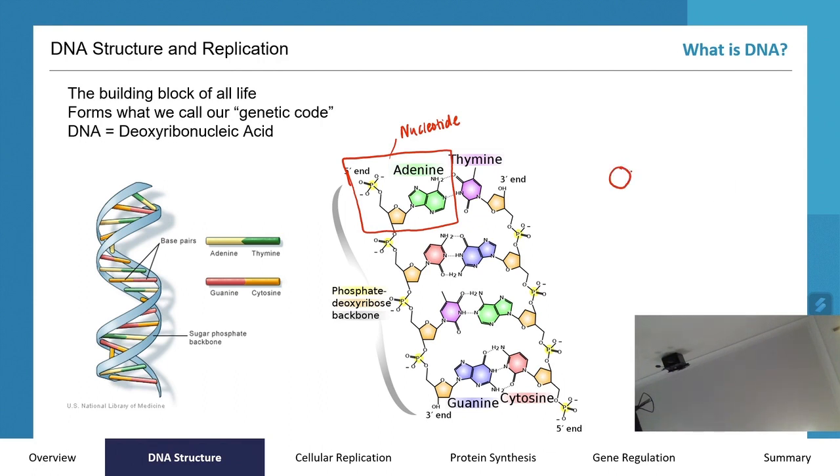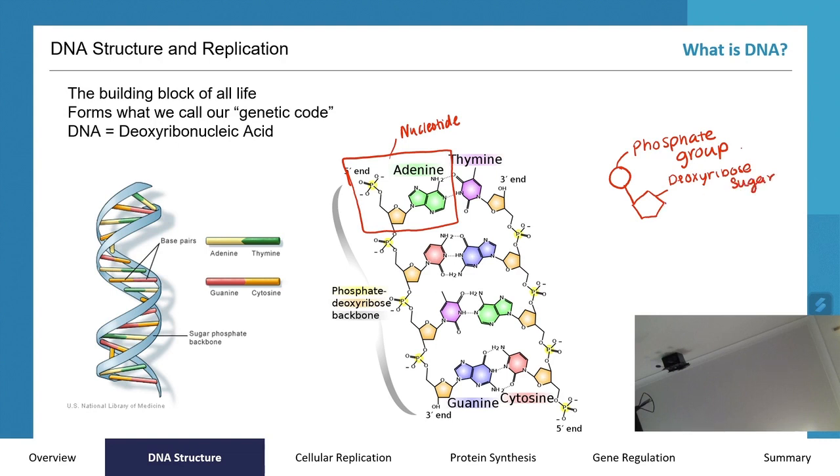We start off at the very top with something called a phosphate group. Connected to a sugar with 5 carbons in it. So this is our deoxyribose sugar.